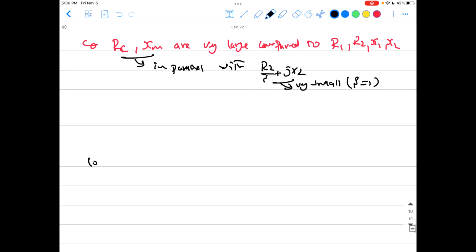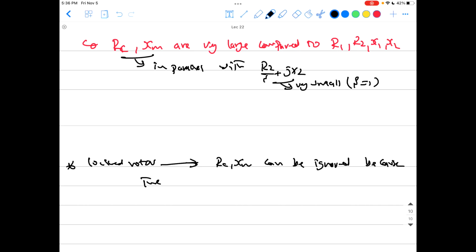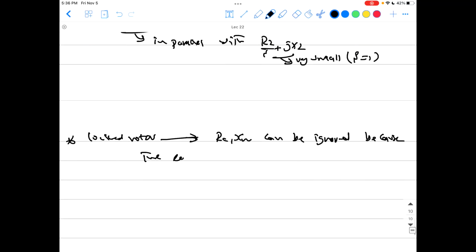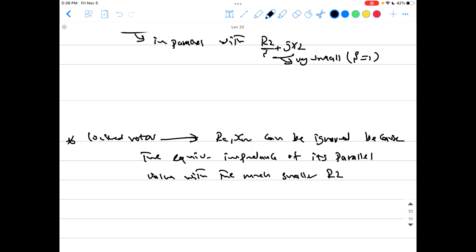So just for the locked rotor condition, RC and XM can be ignored, because the equivalent impedance of its parallel value with the much smaller R2 over S plus JX2 at this slip equals 1 almost equals the smaller impedance, okay guys?